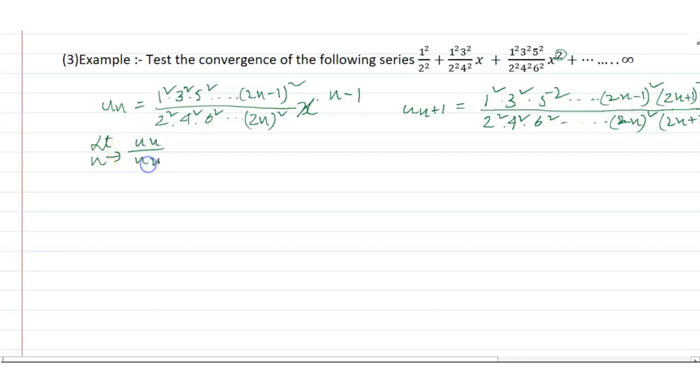u_n divided by u_{n+1}. Whatever I get, this value is 1 by x. Simple calculation, friends. And this value is 1 by x. So if 1 by x is greater than 1, that implies convergent.